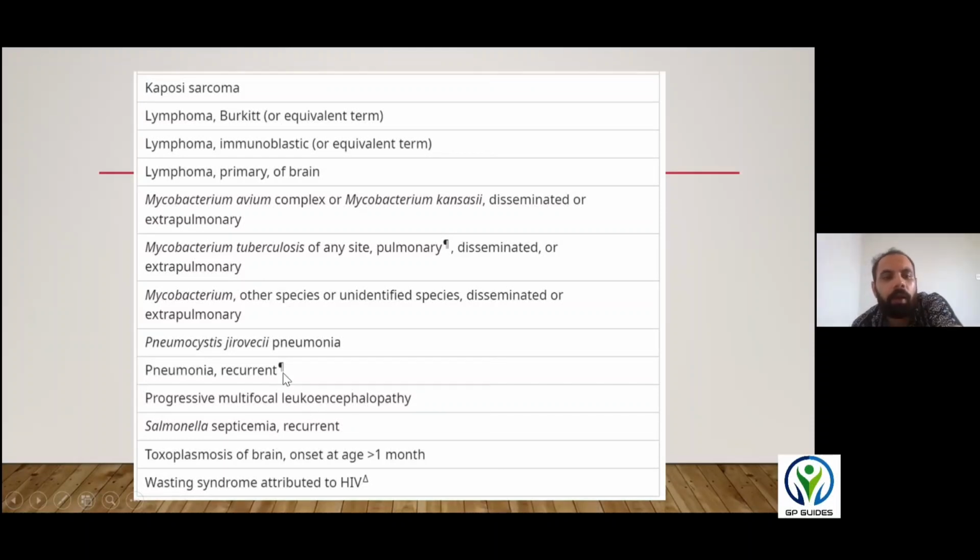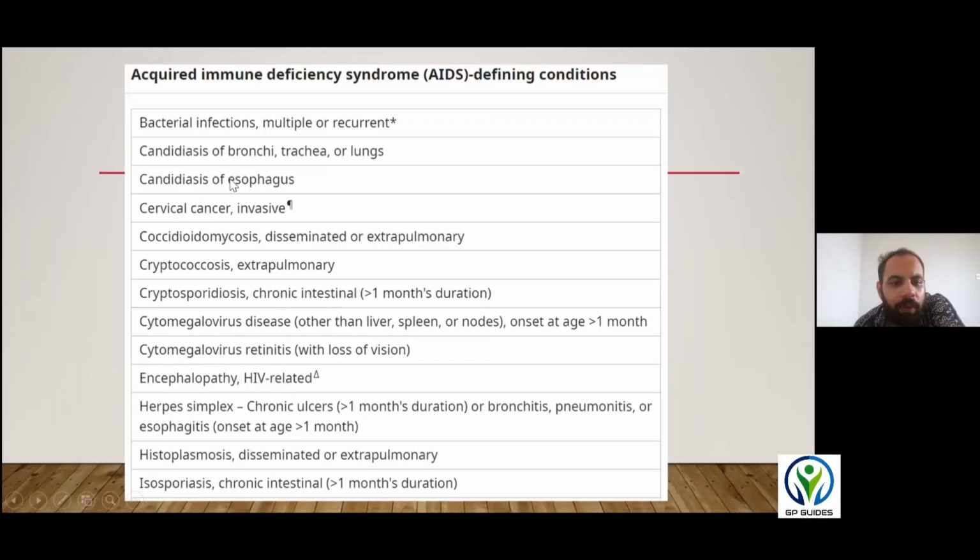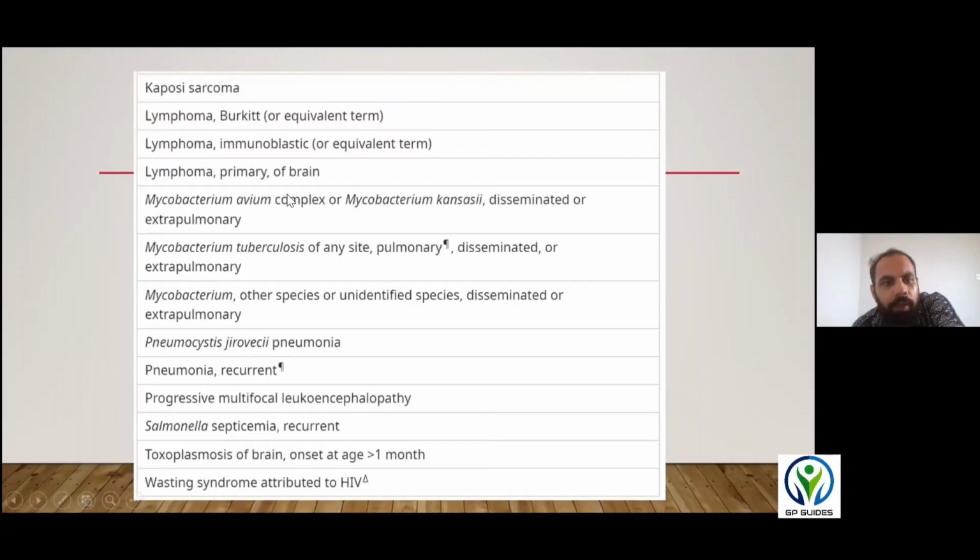Then you can also have some AIDS-defining malignancies, which you must know. One is invasive cervical cancer. The other is Kaposi sarcoma, which is caused by Kaposi sarcoma herpesvirus, KSHV.